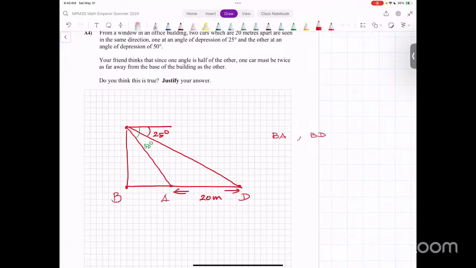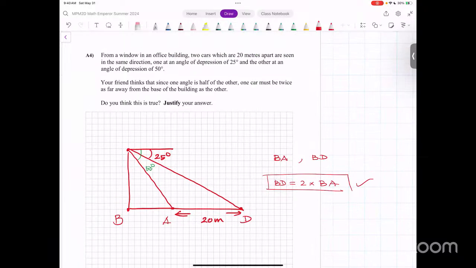Your friend thinks that since the angle is half of the other, one car must be twice as far. So he's saying that BD is supposed to be 2 times BA. The question asks you to justify whether your friend who made the claim is correct.